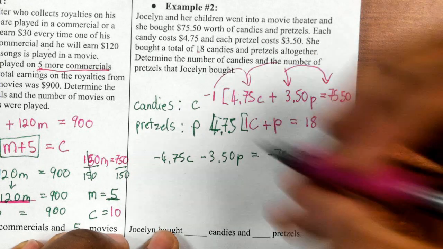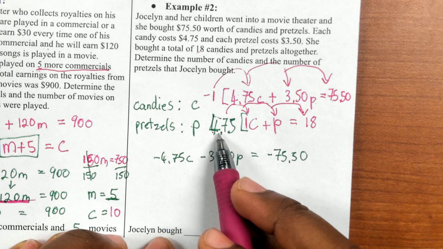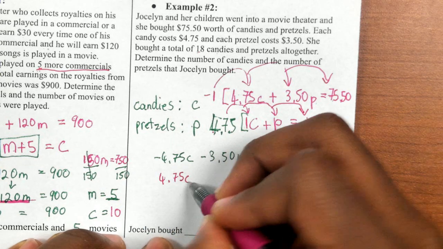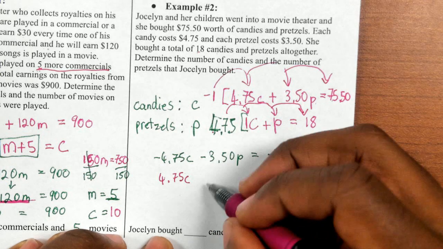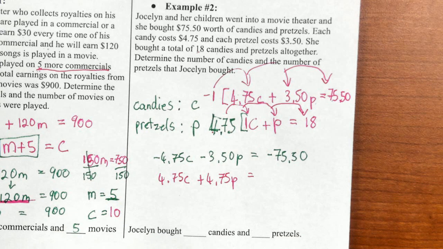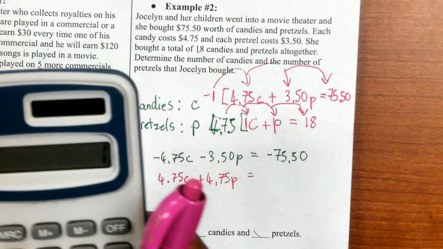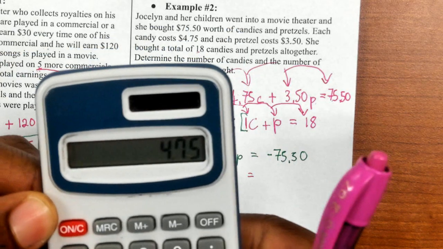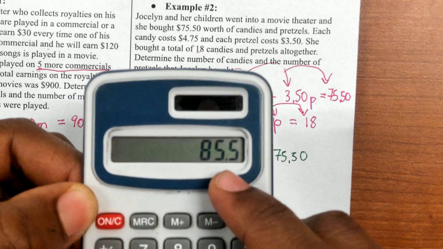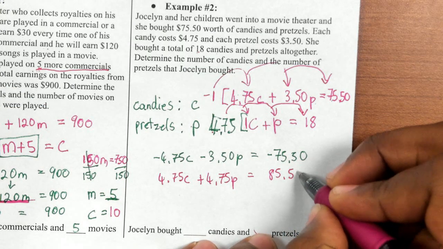Now we're going to distribute the 4.75 to each of these terms. 4.75 multiplied by 1c is 4.75c. 4.75 multiplied by p is 4.75p. And 4.75 multiplied by 18, I don't know what that is, so I'm going to use my calculator. 4.75 multiplied by 18 will give me 85.5, all right?